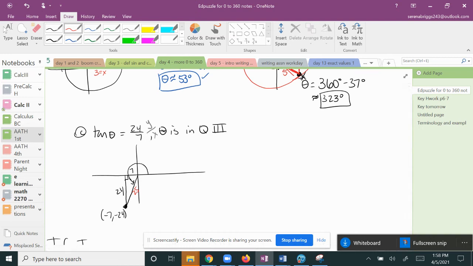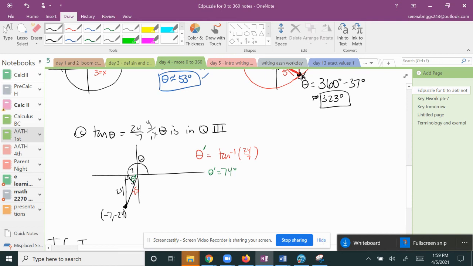So if I want my theta, I can do for my theta the inverse tangent of 24 over 7, but that won't be theta, that'll actually be theta prime. My reference angle, inverse tangent of 24 over 7, is about 74 degrees. That's my reference angle. That's this theta prime right in there. So what does that make theta, the actual rotation?